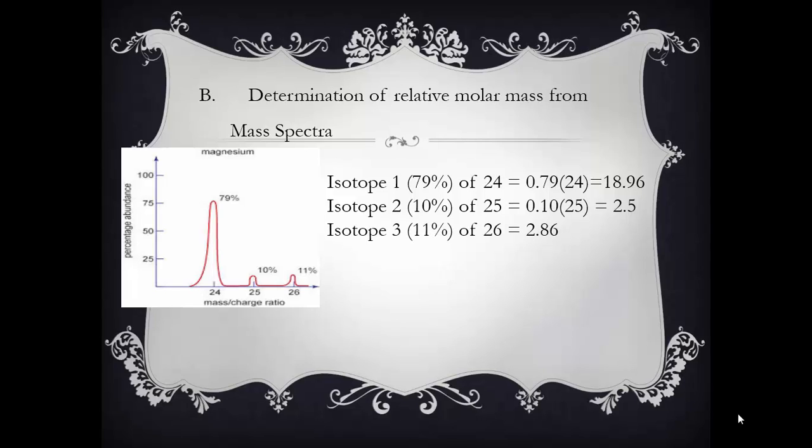And then isotope 3, 11% of 26, and you add everything up. We get 24.32, but you gotta remember we're dealing with science, so you gotta deal with significant figures. When you're adding things up, you always go by the least precise, which is the 2.5 number, which is the 10ths spot. So you can only go to the 10ths, which would be 24.3 grams per mole.